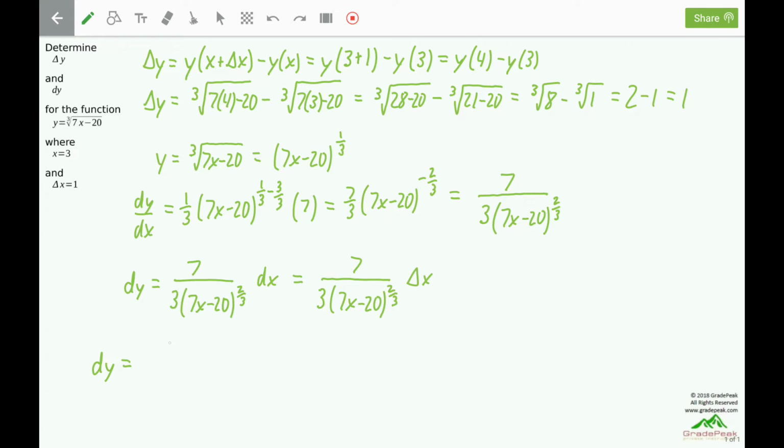So dy will equal 7 divided by 3 times 7 times the x, which is 3, minus 20 to the 2/3 power.